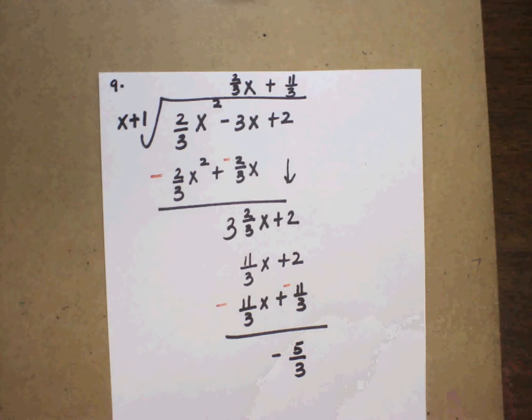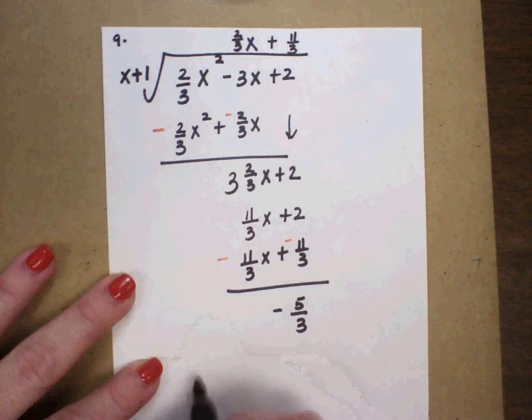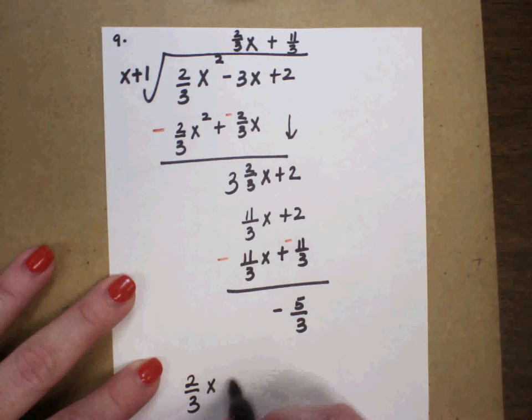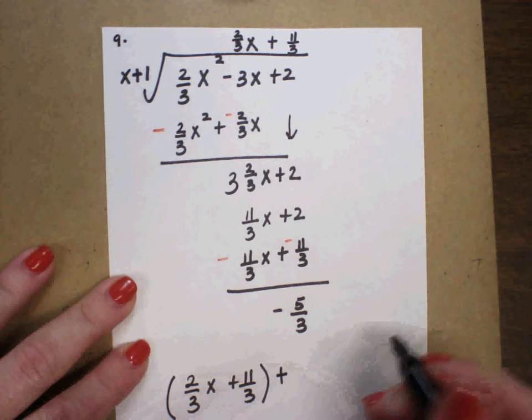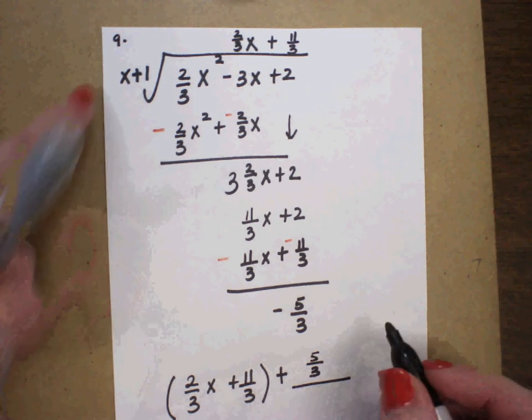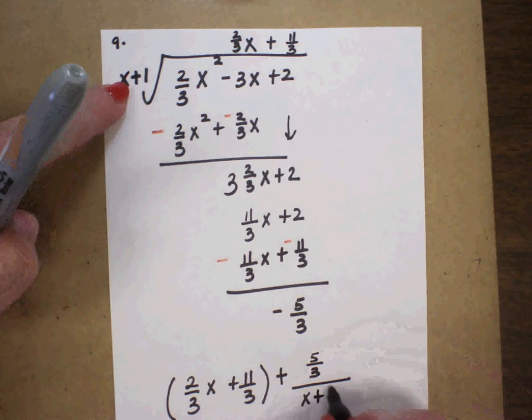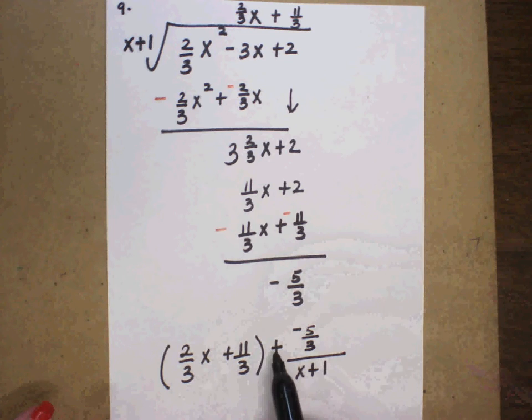Alright, so this is a little tricky to write. So my second factor would be 2/3 x plus 11/3, plus, divided by x plus 1. Oh, there's a negative. Or you can put the negative in front of it. You can put the negative here, not plus.